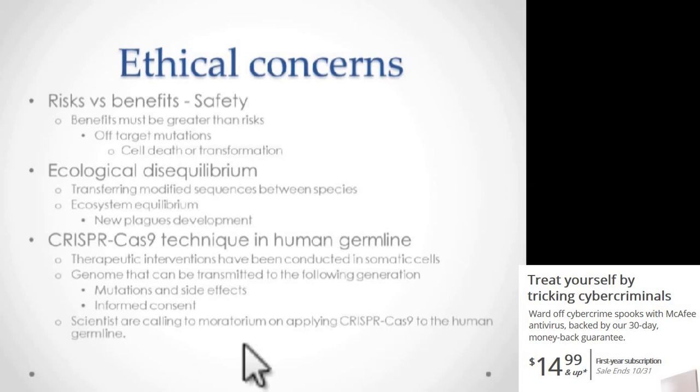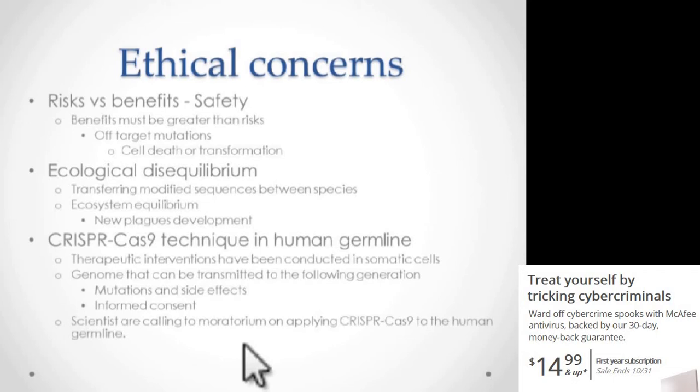So when we are thinking of using this method for therapies, we have to outweigh the benefits over the risks. So the benefits have to be much greater than the risks. Another ethical concern is ecological disequilibrium.